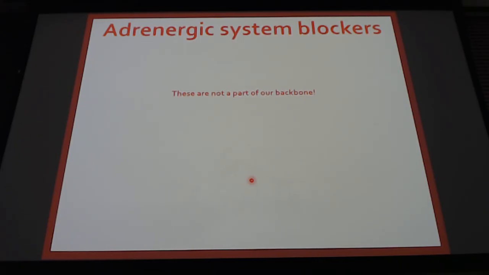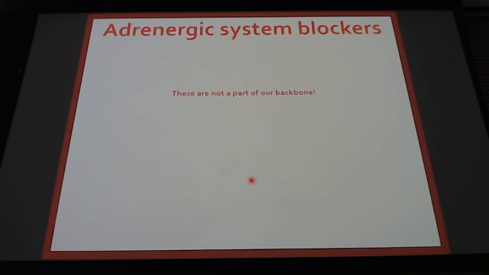All right, so now looking at our adrenergic system blockers. Everything else that we talked about was part of our backbone that we discussed, right? These are things that we use to help control symptoms that your patients may be experiencing that aren't controlled by our backbone. But you always have to get everybody on those backbone meds first. You're not gonna say, I'm just gonna put you on a beta blocker just because that's what you feel like doing.